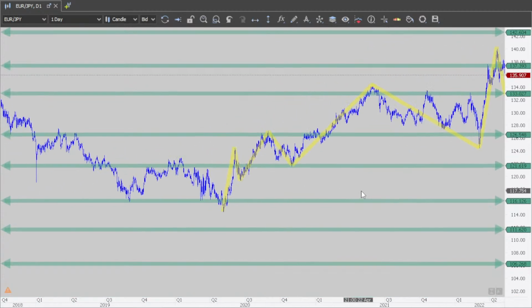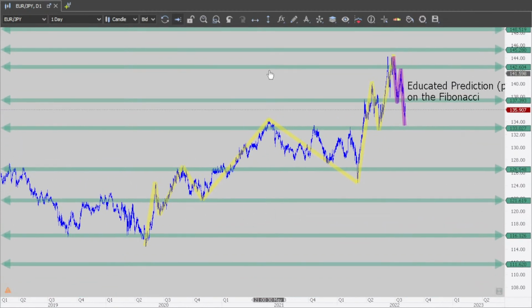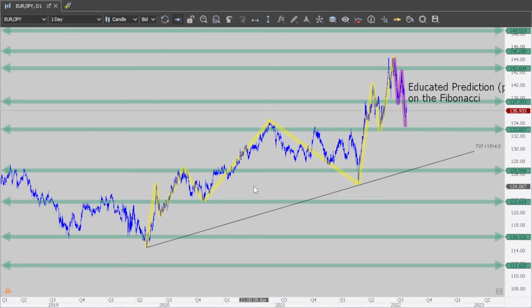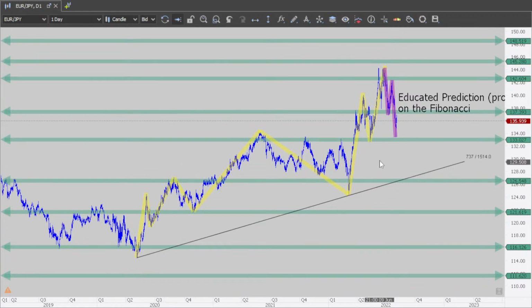And what else can you do on Euro JPY daily chart? With the knowledge so far, you can draw some trend lines. So we are in an uptrend, right? We are in an uptrend on the daily chart, okay?